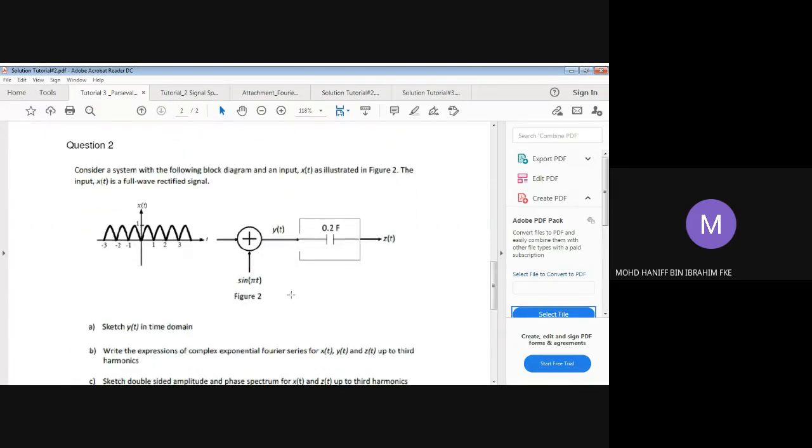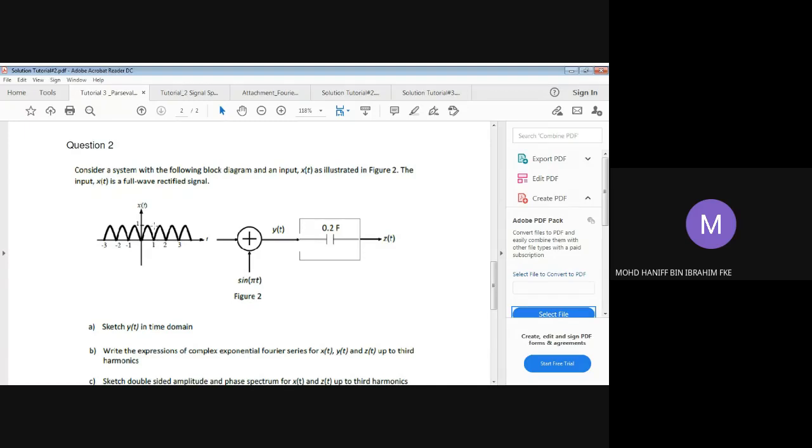For question 2, we are given this x(t). I can say this is a modulus of sine t, that's what we have learned yesterday, in which all of the amplitude is on the positive side.